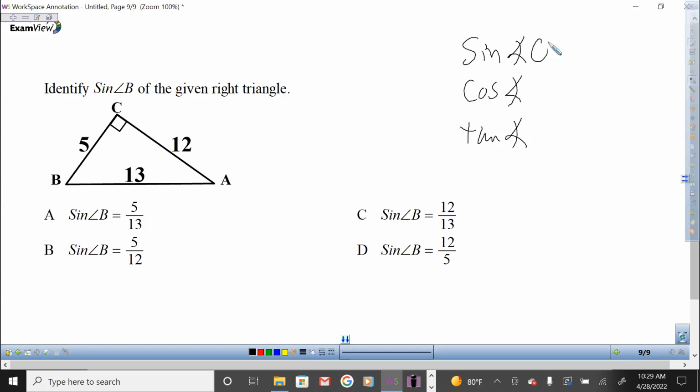It doesn't matter what angle it is, I'm gonna label it angle Q. So I want you to write what goes over what for sine angle Q, cosine angle Q, and tangent angle Q. You're like, where's angle Q? It doesn't matter, it's any angle. What do we do to find sine, cosine, and tangent for any angle on a right triangle? Talk with your neighbor, fill that in really quick.